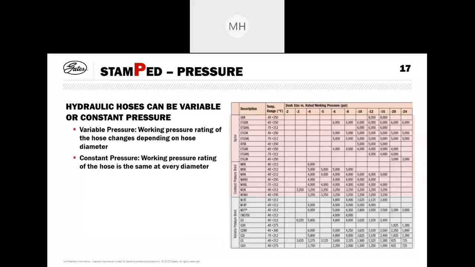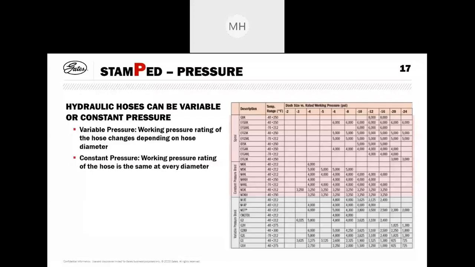If we look a little bit further up to the M4K, which is the third one down in the middle section of the box there, for constant pressure braid hose, they're 4,000 PSI. So the dash 4 is 4,000 PSI, and the dash 16, which is a 1-inch hose, is 4,000 PSI. So they're constant across the board. Same as when we're looking at our spiral range, which is in the top section there. For example, the second one down is EFG 6K.